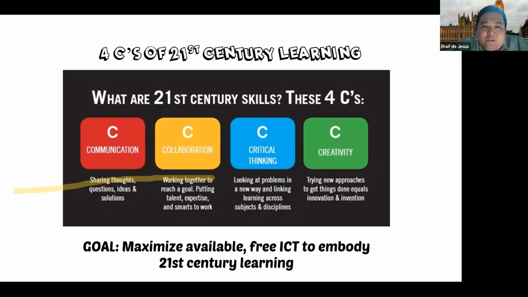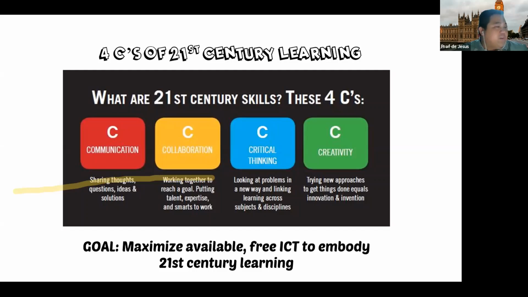When we talk about the four C's of 21st century learning, correct me if I'm wrong, let me go back for a more accurate and exact reference, but I believe that this is established by convention that in order to succeed in education or to be a teacher or for our students, the millennials and the Gen Zs, most especially, we need to have these in our classes.